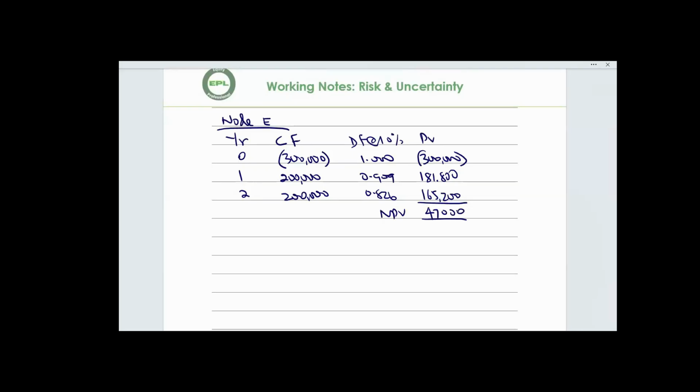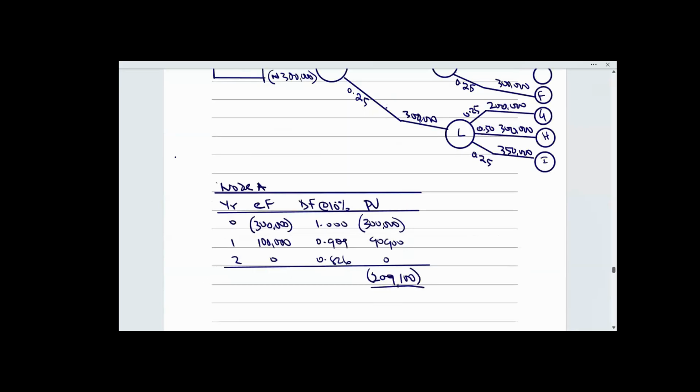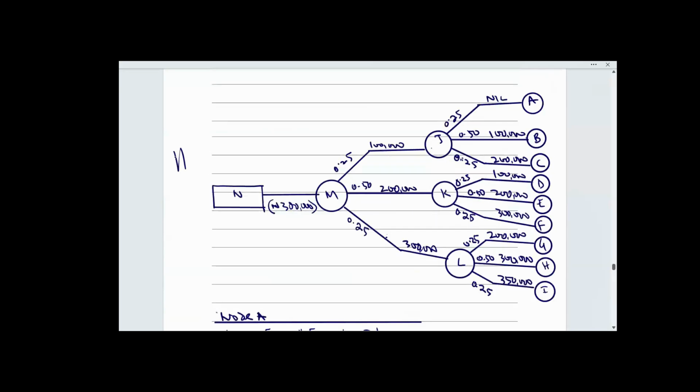47,000 positive. Then we have node F. The journey is still far. Cash flow, discount factor at 10%, present value. Year 1 to 2. 300,000. From the diagram, cash flow in year 1 is 200, cash flow in year 2 is 300.